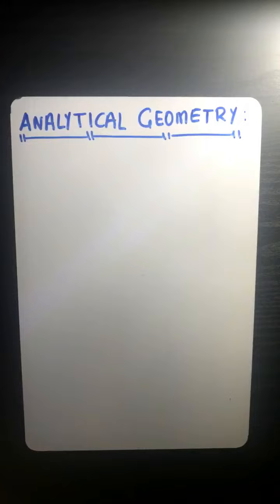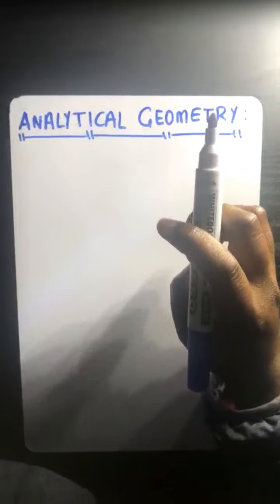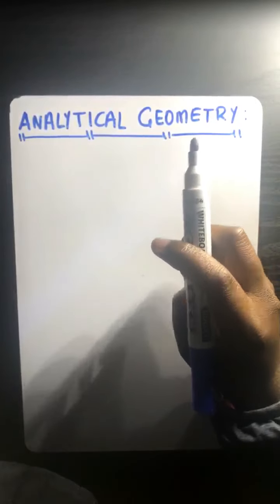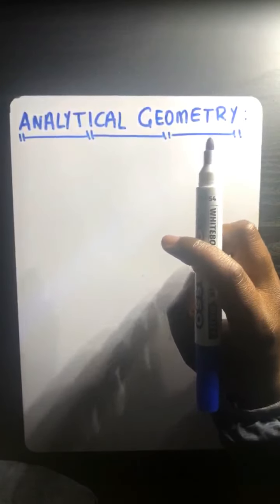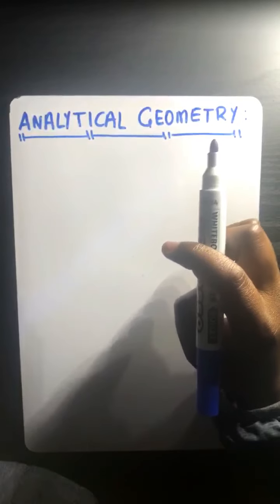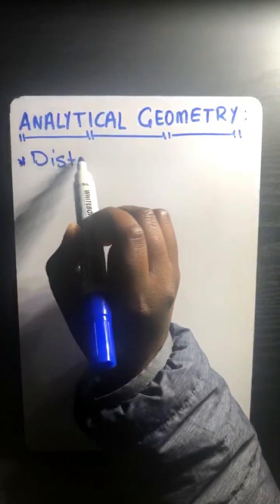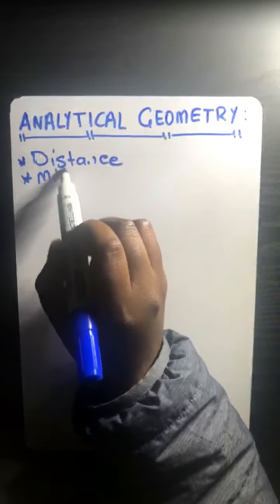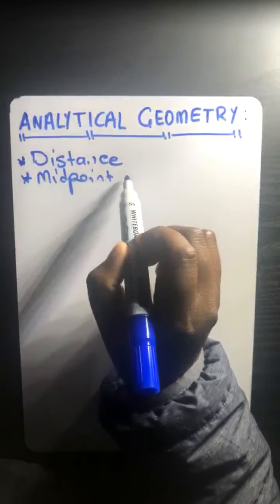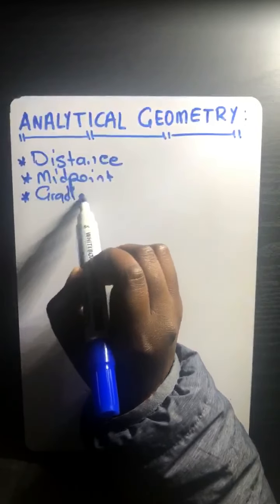So in today's lesson, we'll be looking at analytical geometry, as I've said. This chapter, you'll find it in grade 10, 11, and 12. When we are looking at analytical geometry, there are three main things that you need to be aware of. So I'm going to take you through the distance formula, the midpoint formula, and most importantly, the gradient formula.